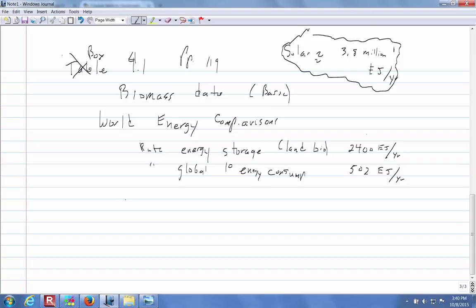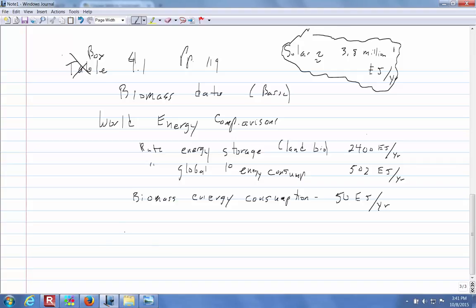I'm getting ahead of myself writing these things sometimes, sorry. The biomass energy consumption, and you got to read this carefully, this confused me when I first got into it. This is the rate that we use biomass for energy now. 50 exajoules per year.